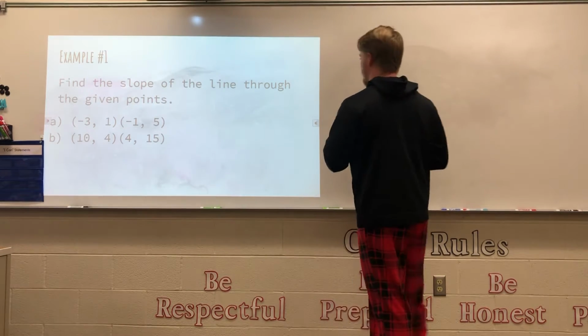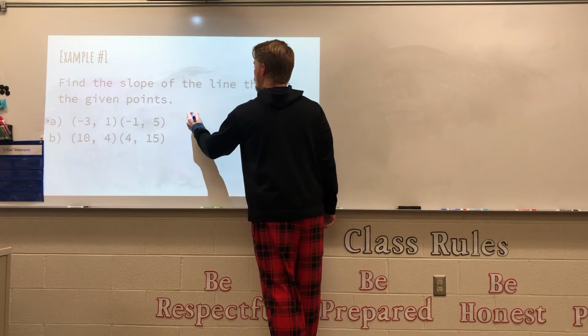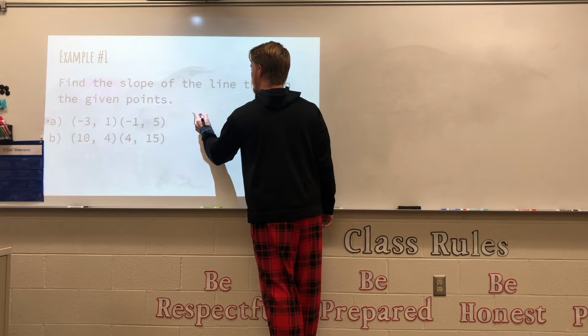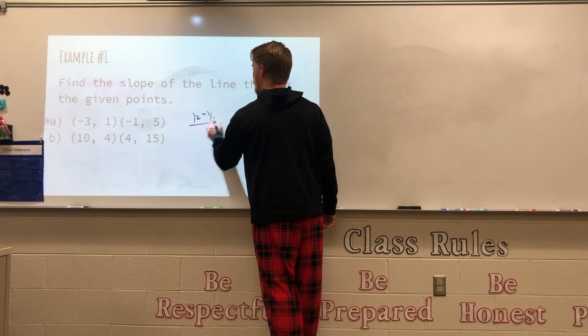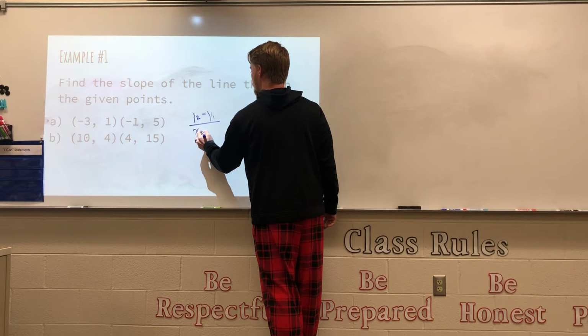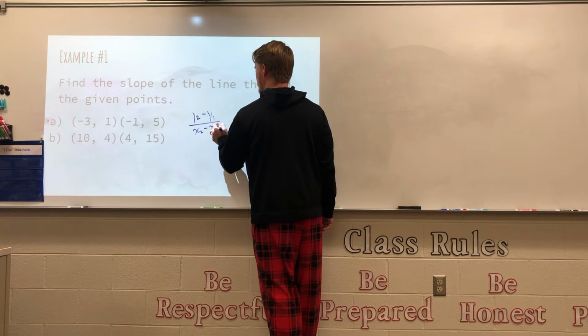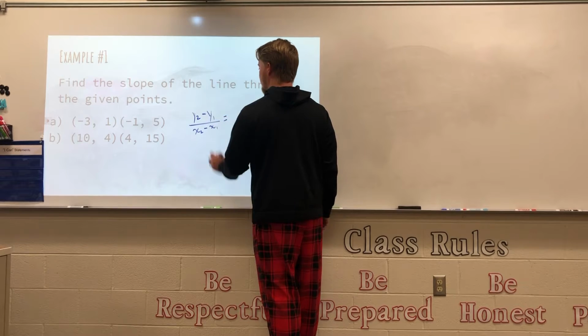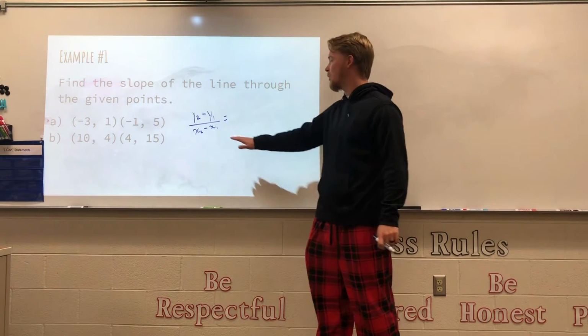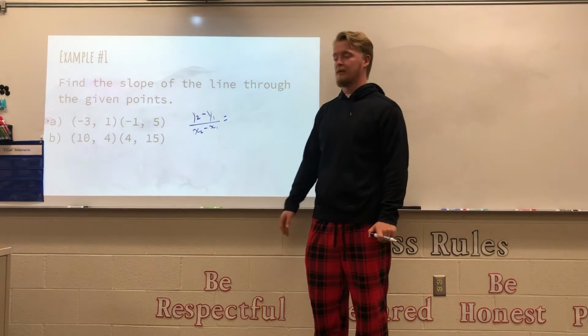So the slope formula is y2 minus y1 over x2 minus x1. Like I said, that is very, very important. You have to know how to use this and what that is.